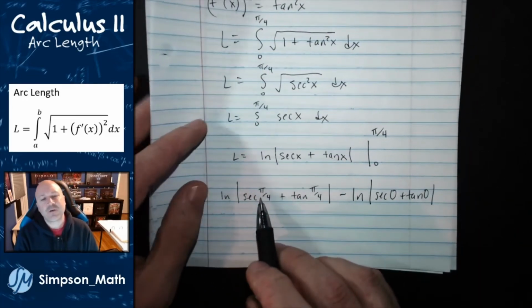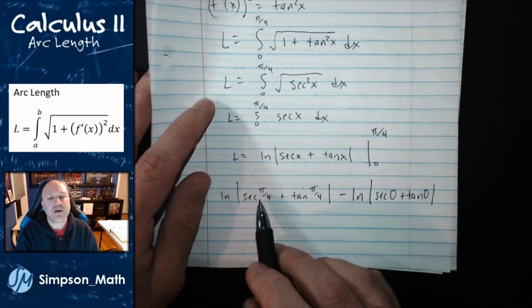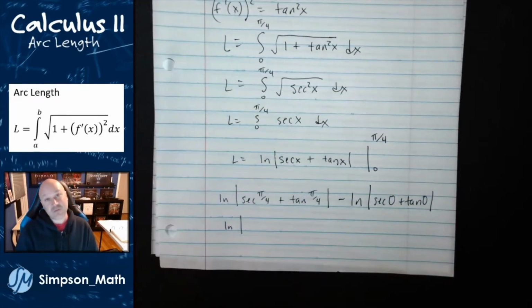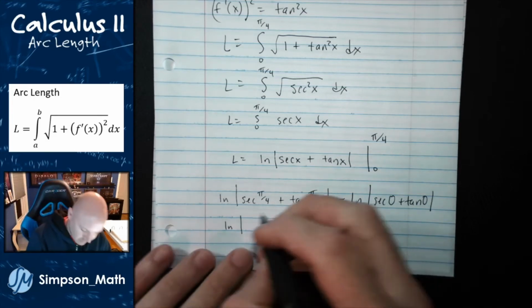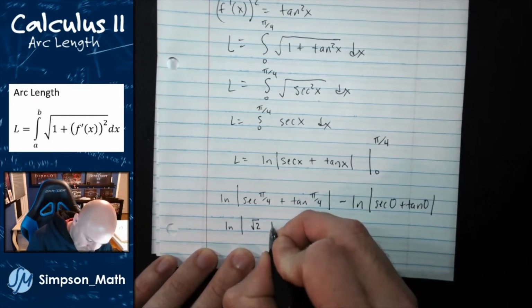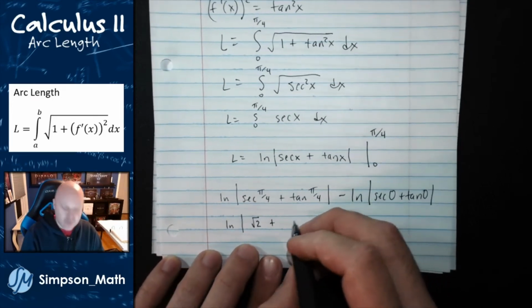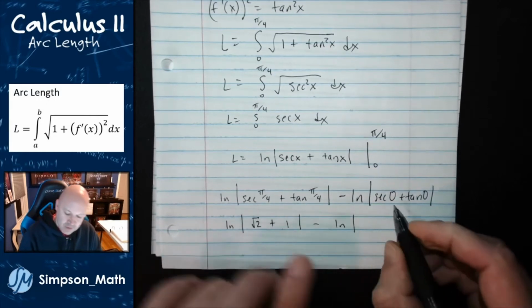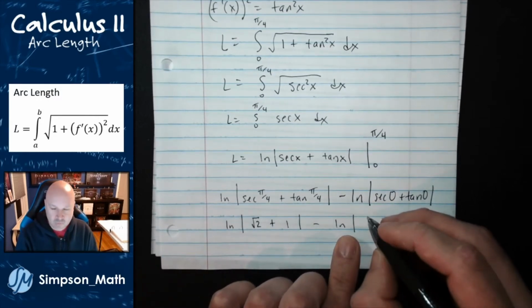Well, secant of pi fourths, okay, cosine of pi fourths is root 2 over 2. When you reciprocate that, you get 2 over root 2, but you rationalize it, so it's 2 root 2 over 2, it reduces to root 2. Tangent of pi fourths is a lovely 1. Secant of 0 is 1.